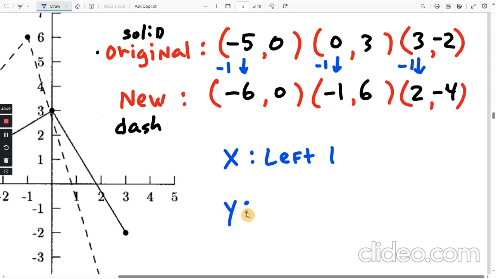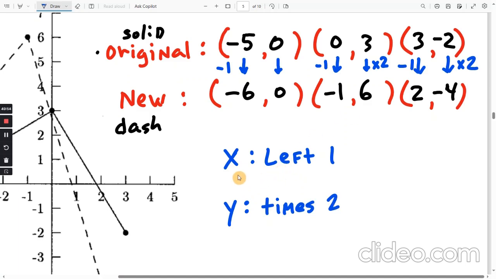And for the y coordinate, it looks like nothing happened here. But if we go from 3 to 6, that's going to be times 2. And if we go from negative 2 to negative 4, that's going to be times 2. So the y coordinate is basically times 2.